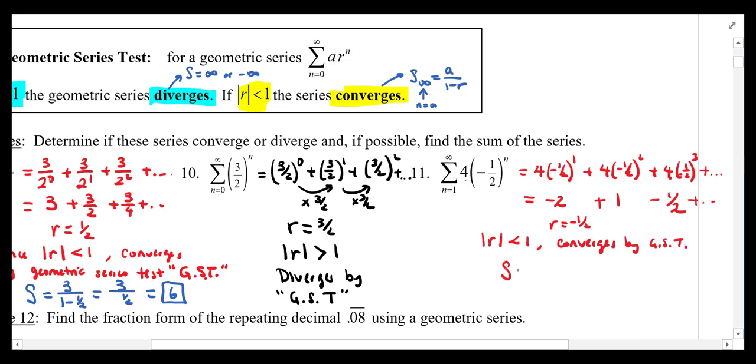And yes, we can find the sum, where the formula is a over 1 minus r: -2 divided by 1 minus, and be careful here, this is 1 minus -1/2, which is 1 plus a half, which is 3 over 2. Dividing, we multiply by the reciprocal, so -4 over 3. Done.